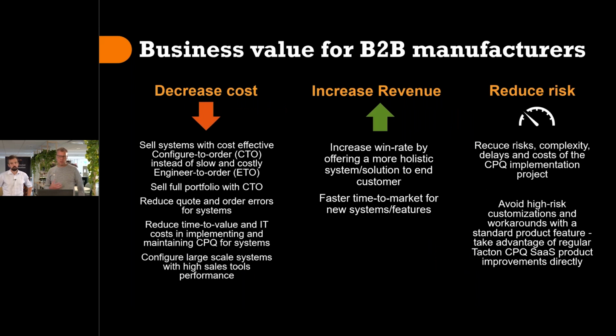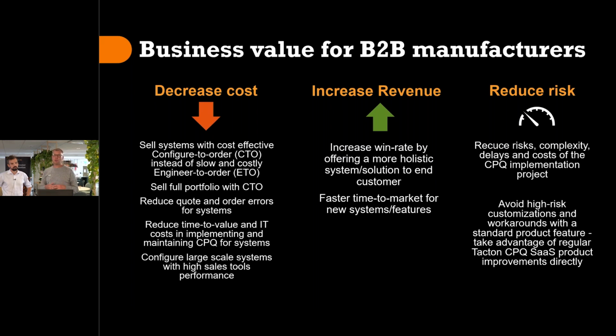But what are the business values? Of course we can decrease cost here. You can now leverage this technology to sell your complex system products instead of going with ETO for those kinds of products. You can use our modern configuration technologies, so you can sell different parts of your portfolio all within your configure-to-order framework.